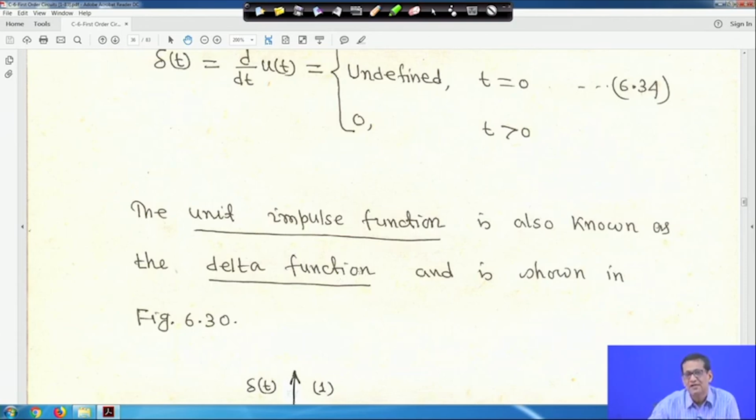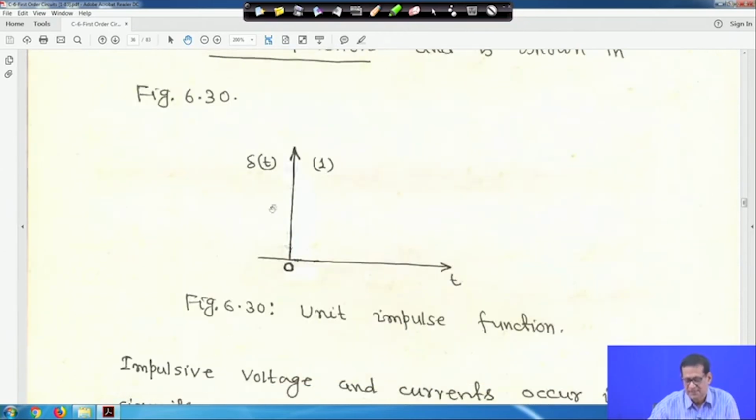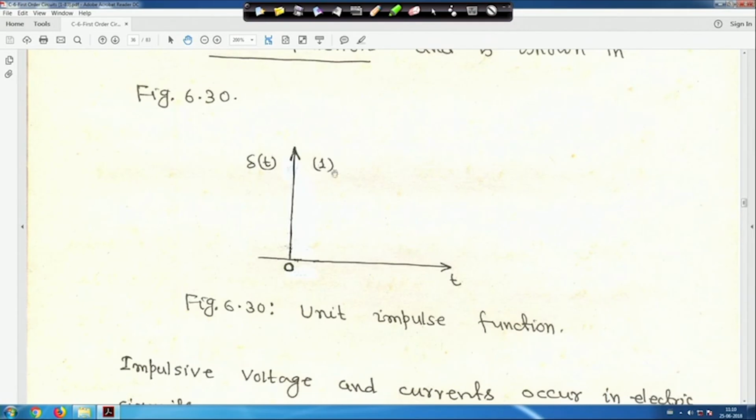In a book you will find the unit impulse function termed as the delta function, and it is shown in this figure, with time 0 and delta(t). The 1 marked means its unit area is 1, that is its strength. We will see that much later.